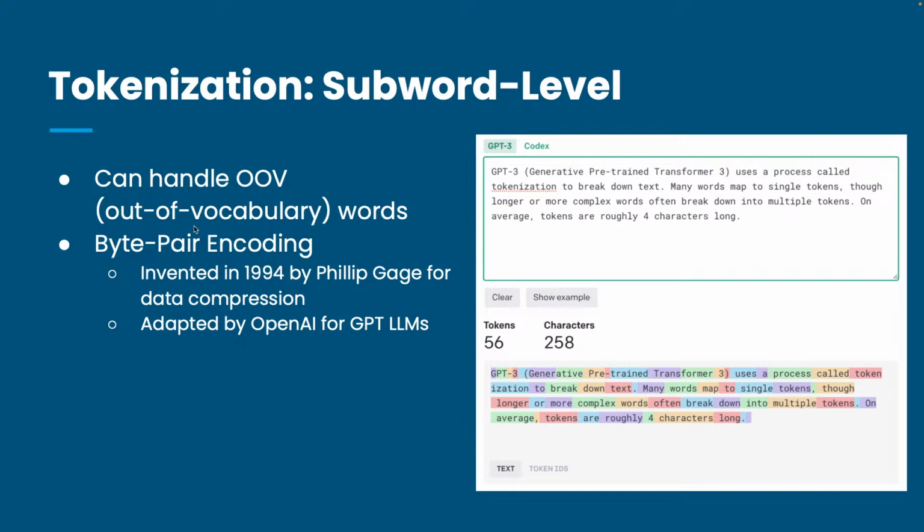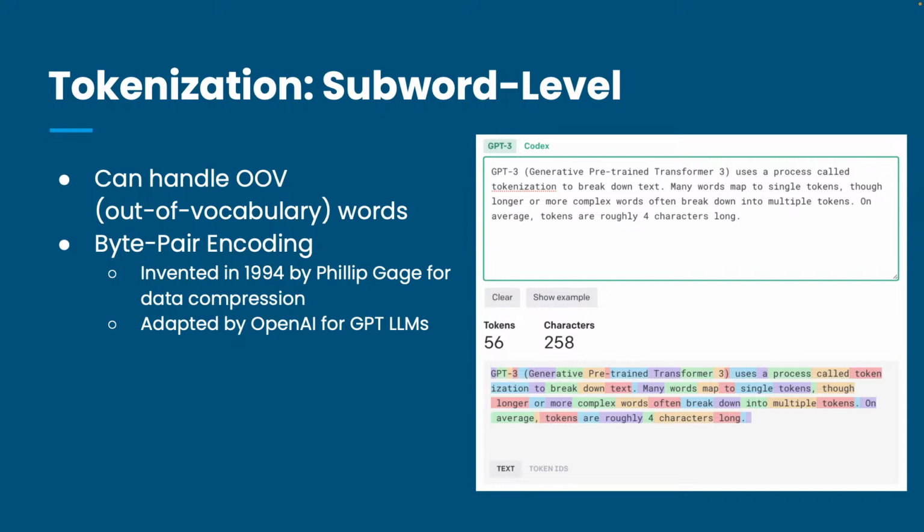And in fact, subword level tokenization dates back a couple of decades in history. The subword level tokenization algorithm used by ChatGPT is called byte pair encoding. And it was actually not originally invented for large language models. This was invented multiple decades ago. It was invented for data compression.